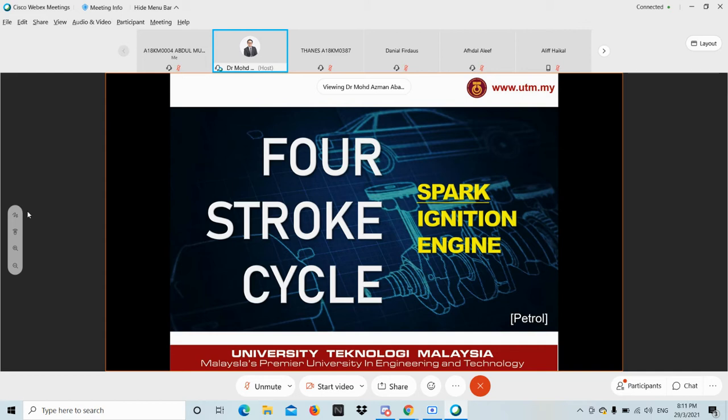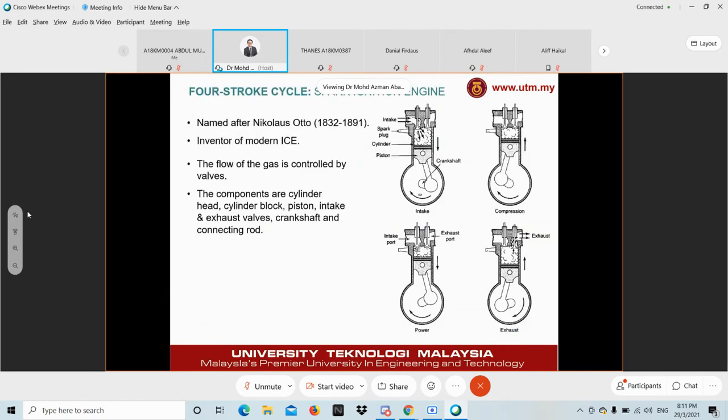We're going to cover the spark ignition engine, or SI engine, which most of you know as the gasoline or petrol engine. Very briefly, before we start, we need to know who created the four-stroke spark ignition engine, which is Nicholas Otto, who died in 1891.